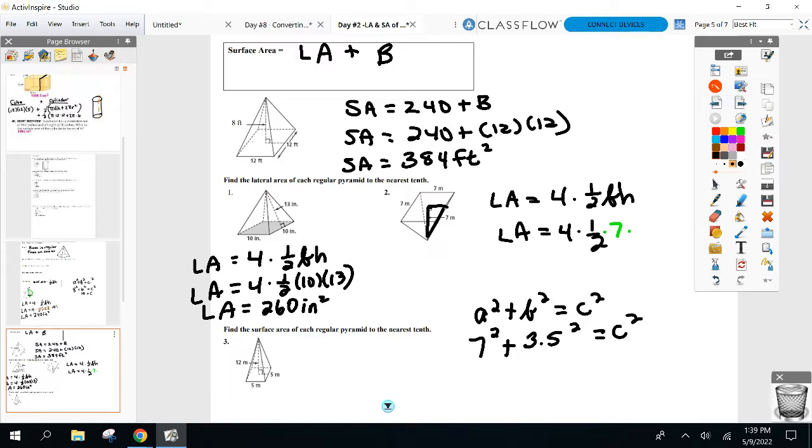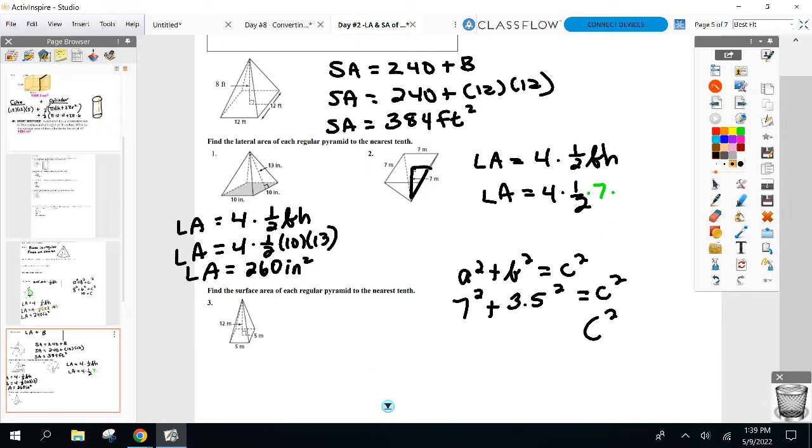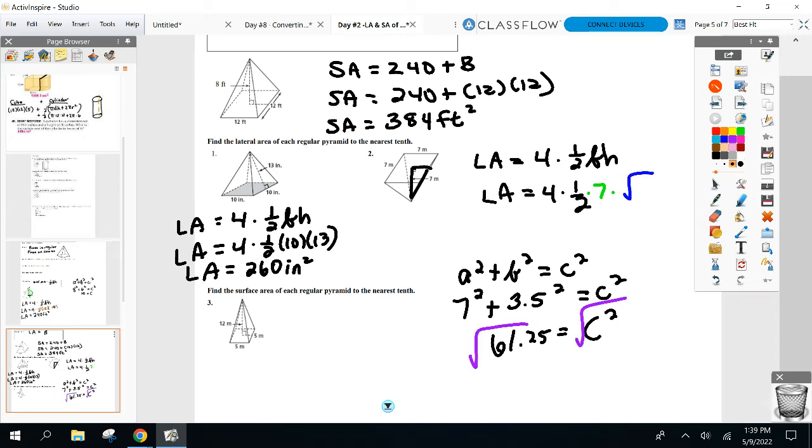You'll notice this is not a perfect square. We're not rounding it. What do you get? 61.25. All right, take the square root. Don't round it. And I'm just going to put square root of 61.25 up here, since I don't want to write down the full decimal.